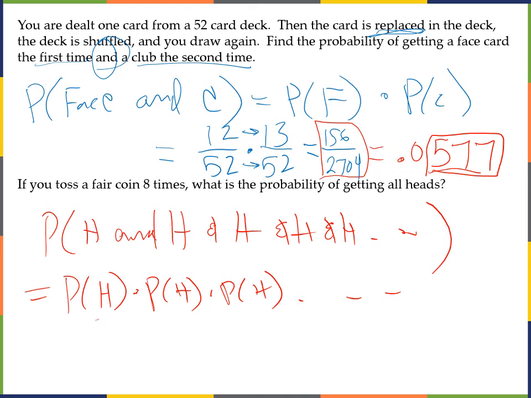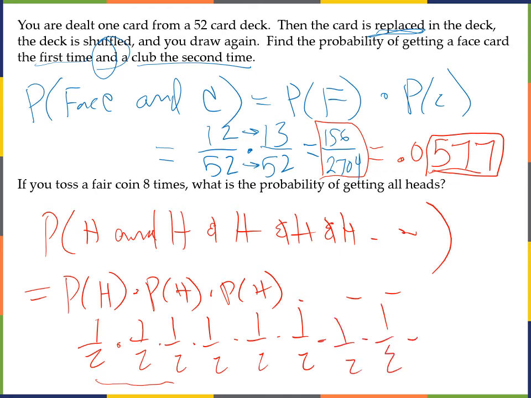And so the probability of getting a heads is 1/2. So this should be 1/2 times 1/2 times 1/2 times 1/2 times 1/2, 8 times. So how many do I got here? 1, 2, 3, 4, 5, 6, 7, 8. And so it should be 1/2 to the 8th. Right? So if you do 2 to the 8th, that's 256. So 1/256.